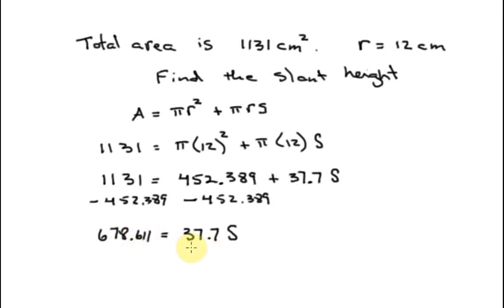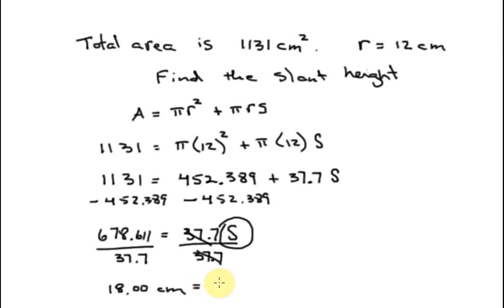So now to solve for s, I'm going to go ahead and divide both sides by 37.7. And when I do that, these cancel and I'm left with the slant height. So the answer I got was 18.00 centimeters as the slant height. So with that, I'm going to stop, and we will catch you later.